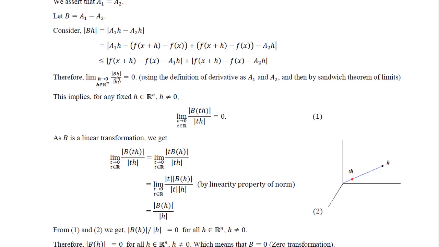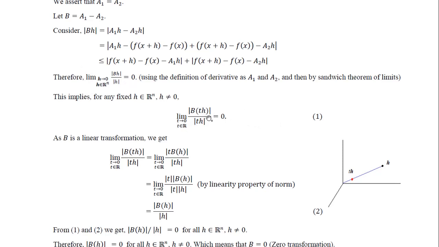We will not put a bracket here because we signify this as a linear transformation, and here we put f applied to h. f is a general function. B is also a linear transformation and hence a function again, but still we omit the bracket here. But I have put a bracket here. The reason is I want to simply specify that B, linear transformation, is applied to this full scalar multiplication. So th, and then what we will learn is that t comes out.